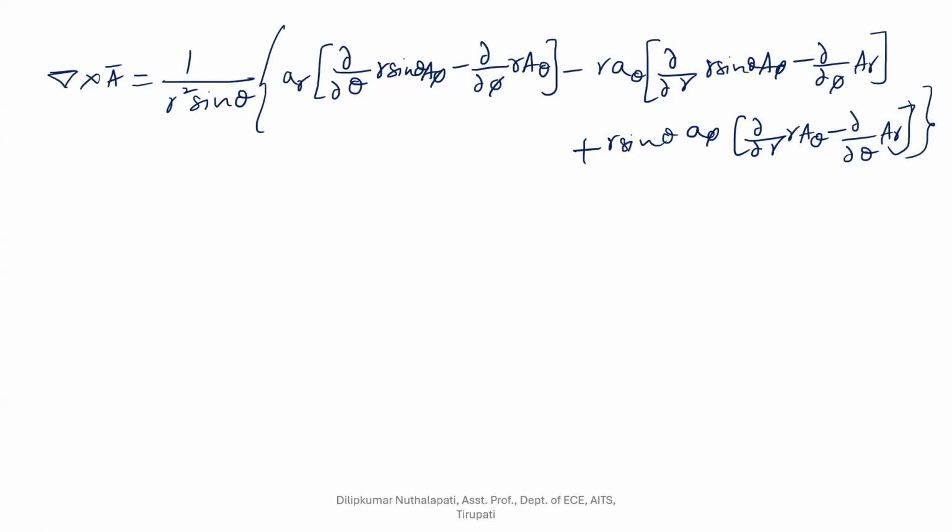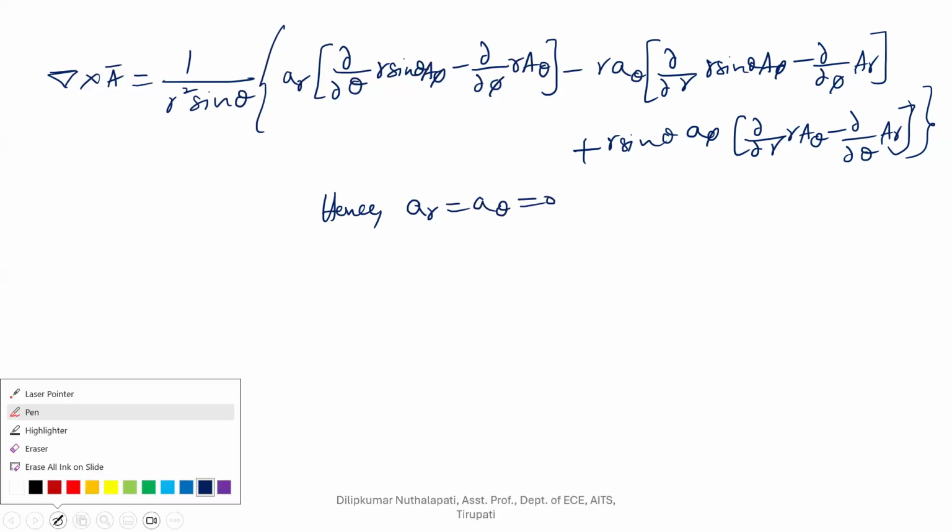So here, from the equation and from the figure, we can see that the current element is placed along the Z axis. Then, using the symmetry of the problem, there will be no variations in phi. So in spherical coordinates, with no variations in the phi component, the unit vector components along a r and a theta will be marked as 0.